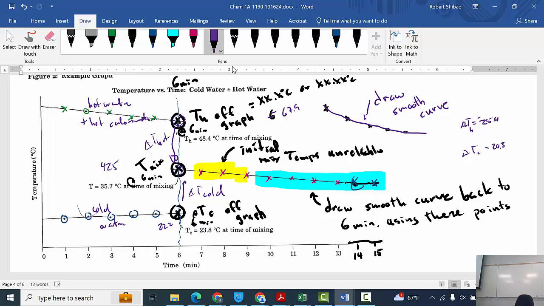And so I would just look at the graph some more and see if something else happened. But your calculation is probably okay. It's just something with the data. This is why I wanted you guys to graph it in lab, and then I could take a look at your graph, because this type of situation happens quite frequently where people will get a negative heat capacity of the calorimeter.